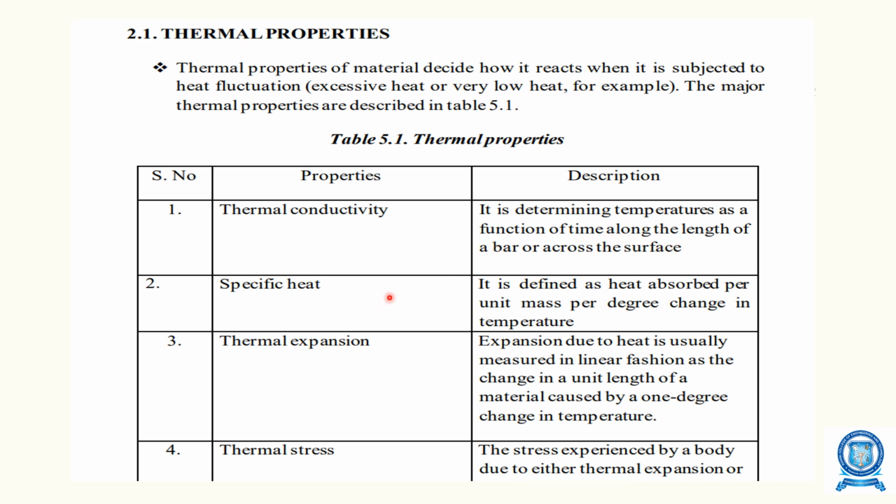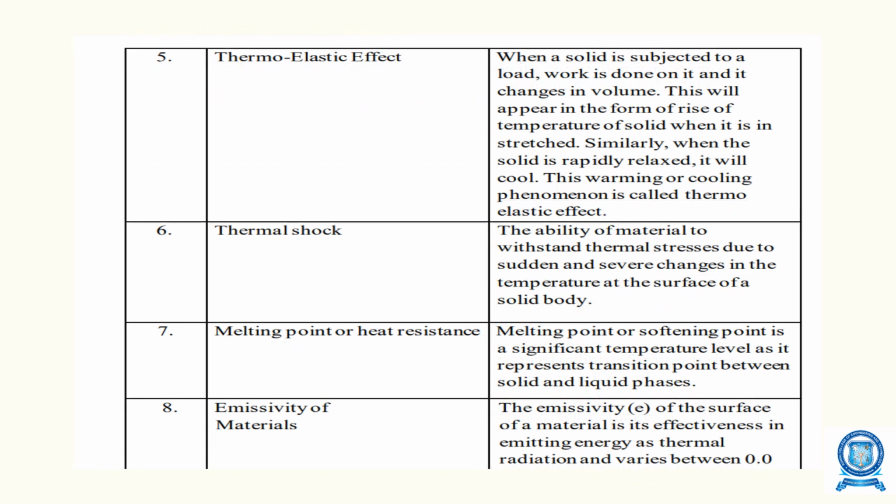Then the specific heat, which is given as the heat absorbed per unit mass per degree change in temperature. Thermal expansion due to heat is usually measured in linear fashion as the change in the unit length of a material caused by 1 degree change in temperature. Thermal stress is the stress experienced by a body due to either thermal expansion or contraction.